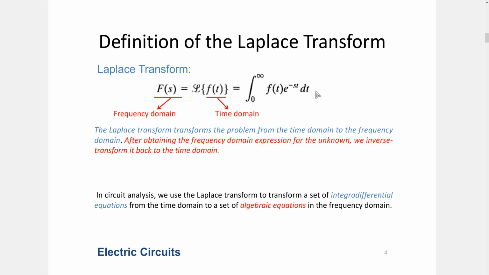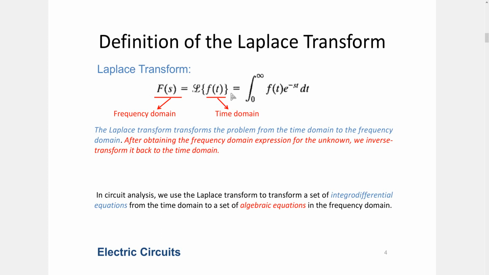When we solve this integral, we will obtain a function in terms of s. But when we are taking the integral, the variable that we will be handling is with respect to t. So the s will be something like a constant to us.